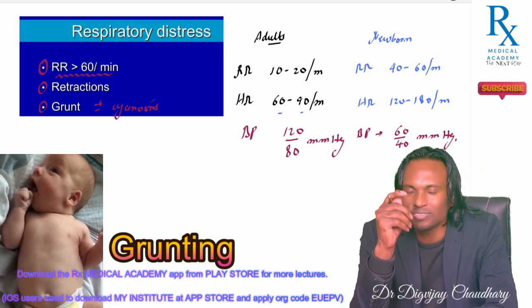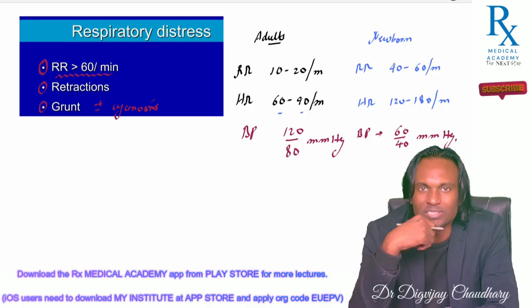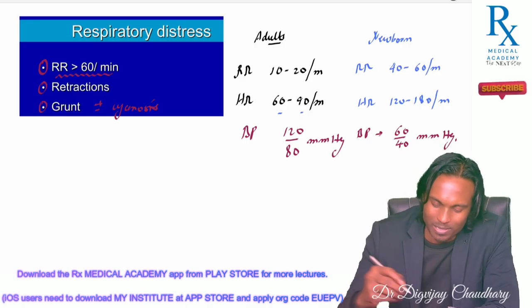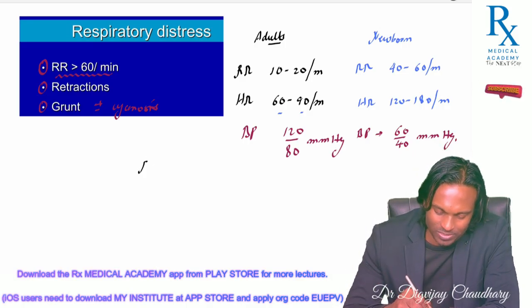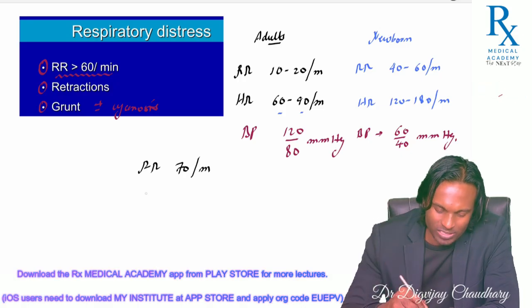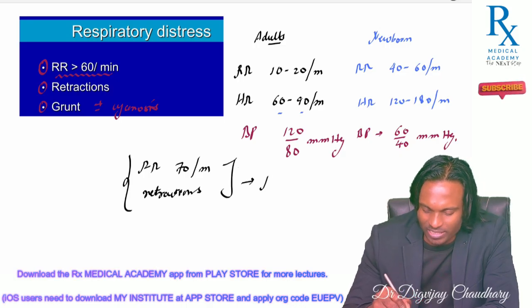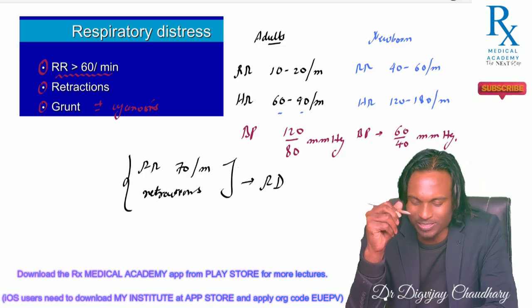So as per definition of respiratory distress in newborn, any two of these should be present. For example, a patient if presents with respiratory rate of 70 breaths per minute along with chest retractions, now you have two parameters positive. This will qualify as a case of respiratory distress in newborn.